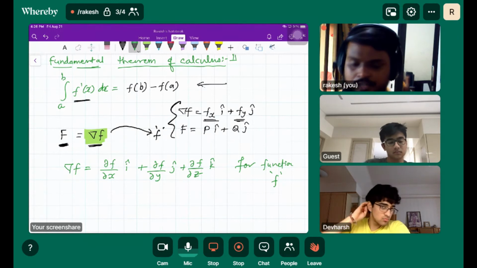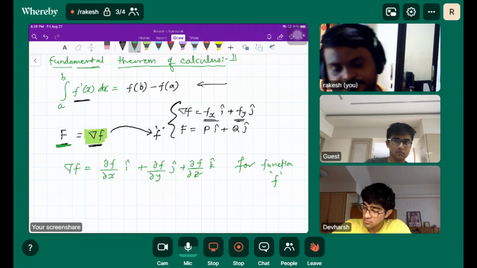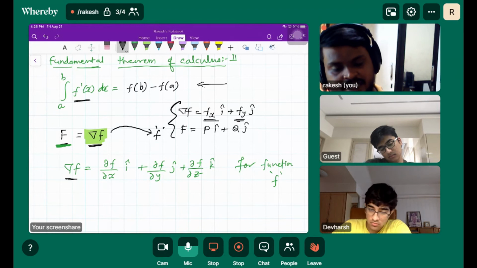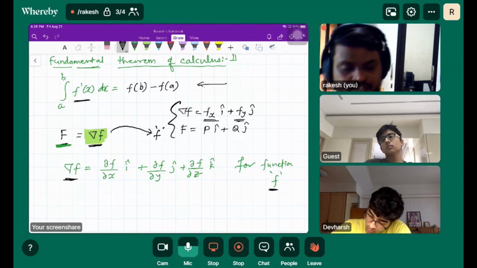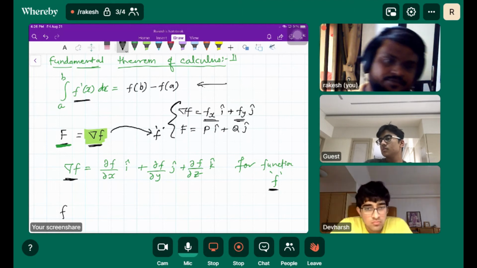Now we can write one thing here: if del f is the gradient of f, then what is f? What is small f?